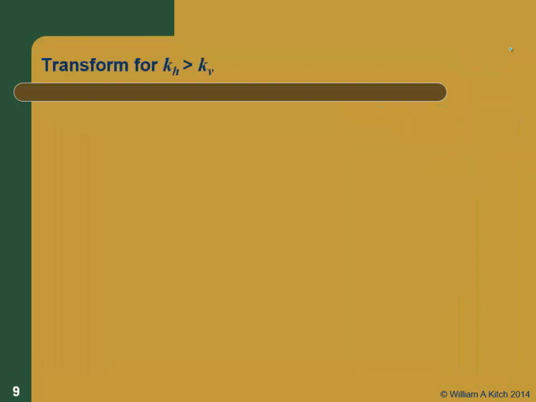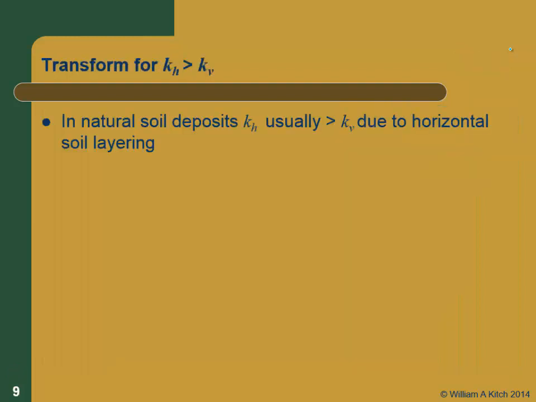Okay, let's talk about transform sections. It's very, very common that we'll have a case where the horizontal hydraulic conductivity is much bigger than the vertical hydraulic conductivity. We might have a homogeneous material that's just anisotropic. It has a different property in one direction than another. It could be the same in all the space, it's just that it's got a higher horizontal hydraulic conductivity than vertical.